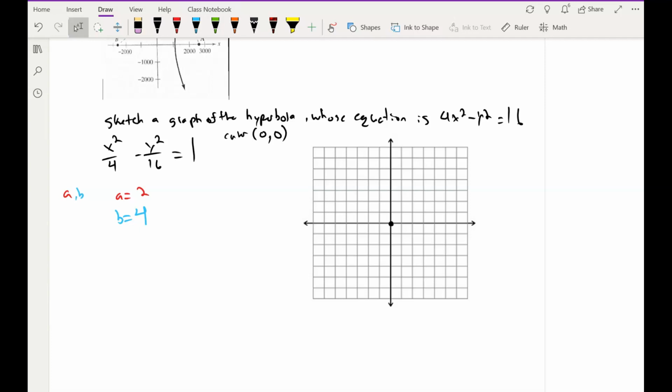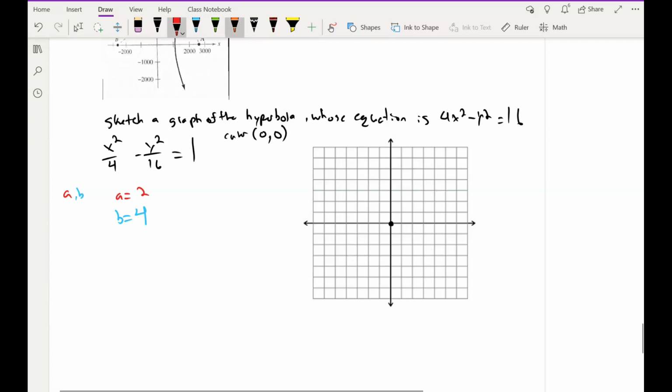Since we have a hyperbola, whichever term comes first, the non-negative term, determines the transverse axis. Since the non-negative term is x, we have a horizontal transverse axis, which means we're going this way. So our hyperbola is going to look something like this.